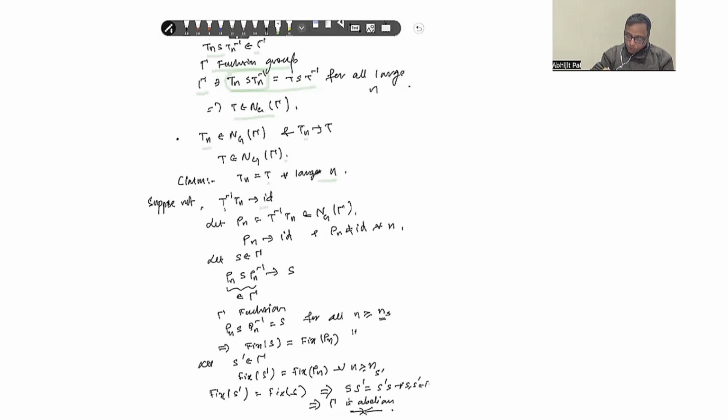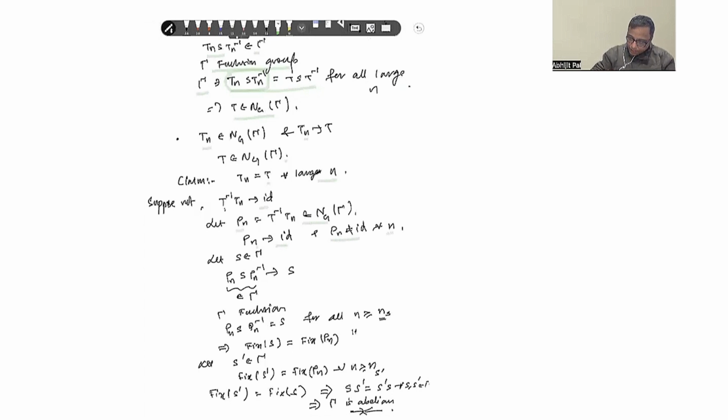T and Tn both belong to the normalizer, so Pn equals T inverse Tn belongs to the normalizer, and Pn converges to identity. Since Tn is not an eventually constant sequence, Pn is not equal to identity. We can take Pn not equal to identity for all n.